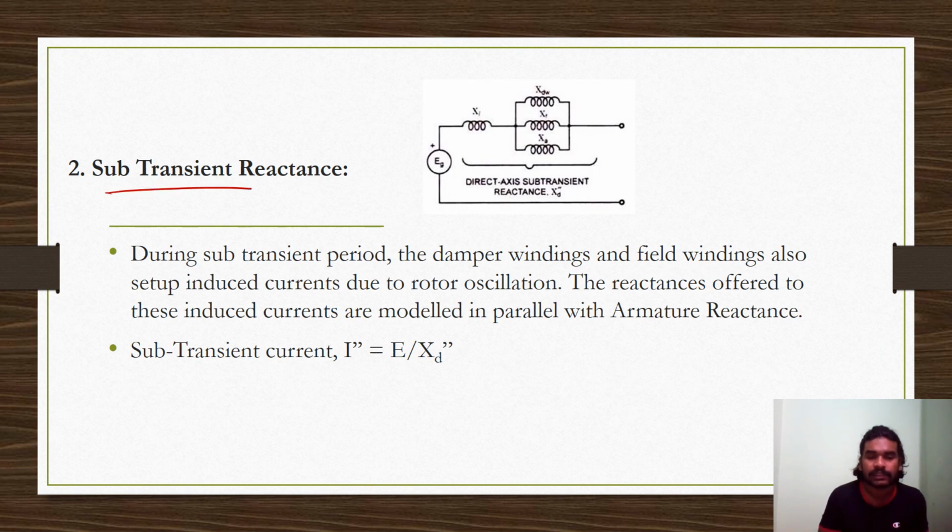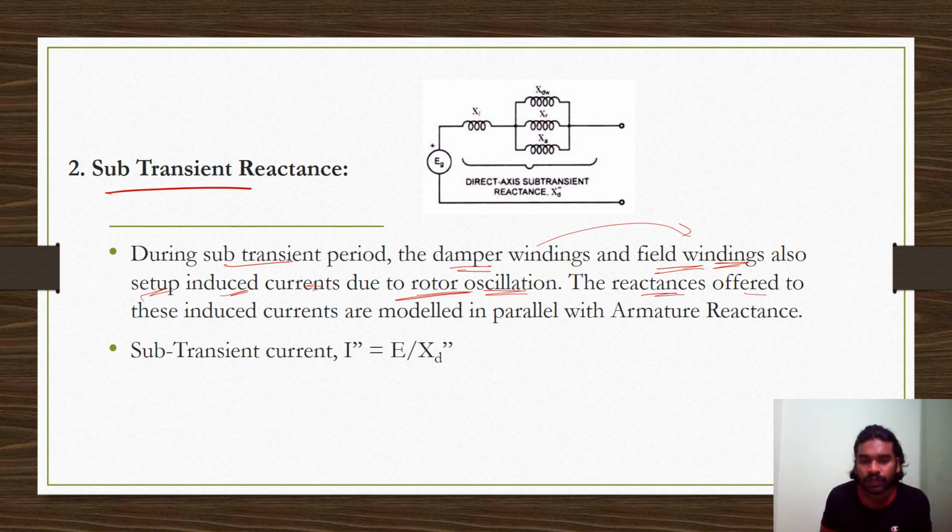Next case is subtransient reactance. In the subtransient period, this reactance will come into picture. What happens in the subtransient period is the damper windings. The synchronous machine will have damper windings, and you also have field windings on the rotor. These windings will also induce some currents. Why? There is a relative motion between them and the RMF, rotating magnetic field, because the rotor is oscillating.